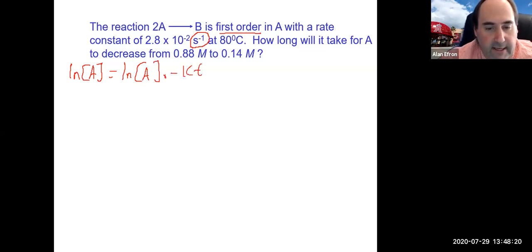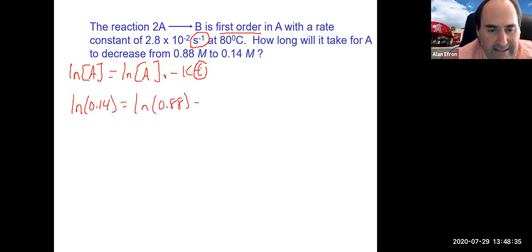In this particular case, we have everything but time, so we can solve for it. Remember that this first one is our final concentration, so that's going to be the natural log of 0.14 equals the natural log of our initial, which is 0.88, minus our rate constant, which is 2.8 times 10 to the minus 2 reciprocal seconds, and our time.